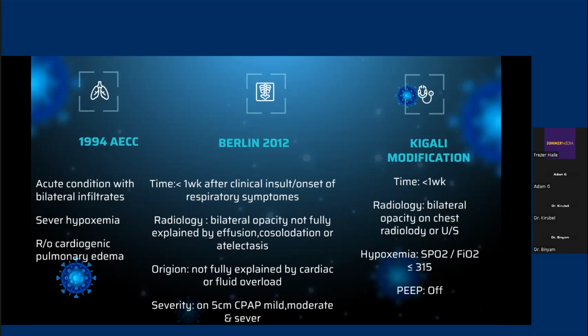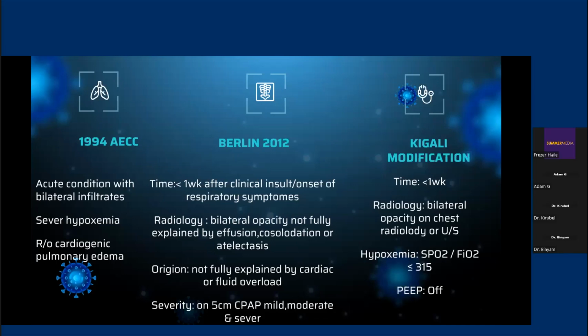X-ray is straightforward, but in ultrasound, looking at B lines and pleural lines, the cardiac ones will have a flat pleural line, but the lung ones will have subpleural consolidation. It will be rough. That was the addition.